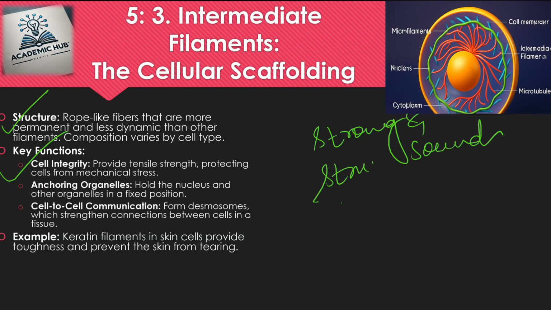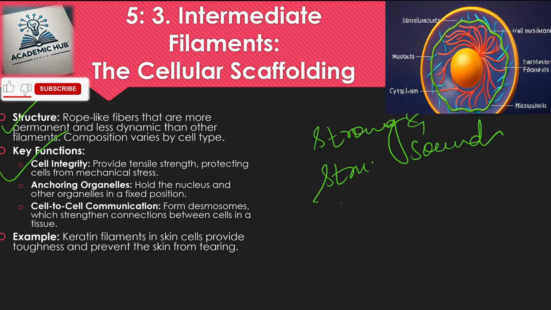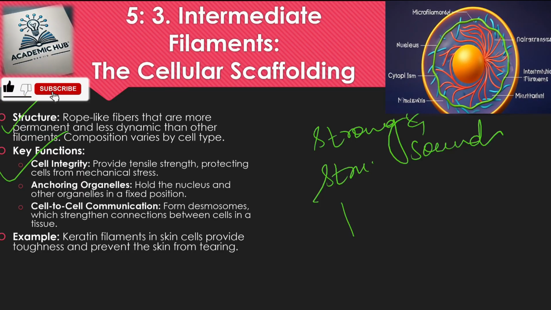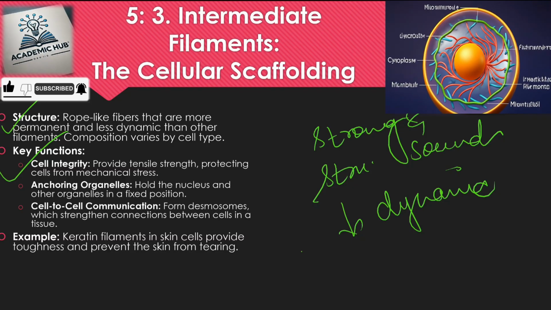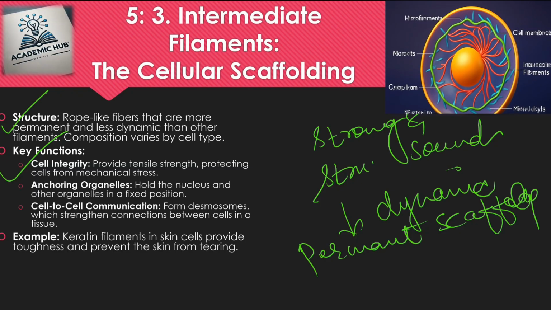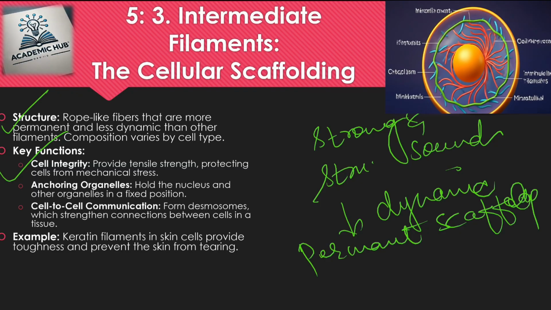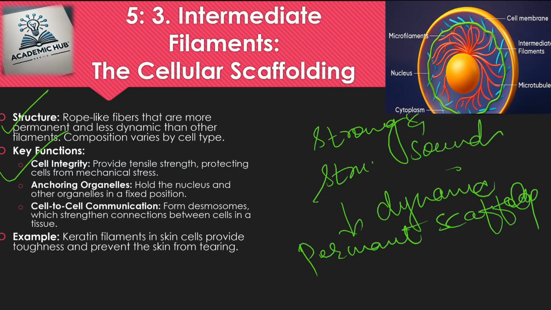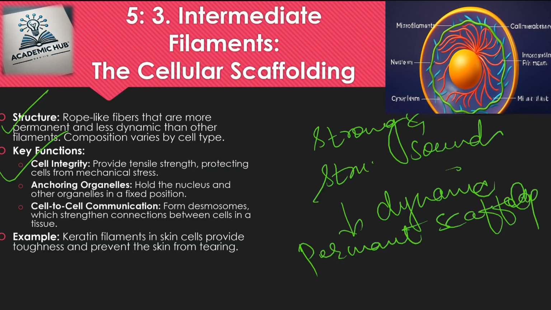Unlike microtubules and microfilaments, these filaments are less dynamic and function primarily as permanent scaffolding. Inside the cell, intermediate filaments are assembled from various proteins specific to each cell type.